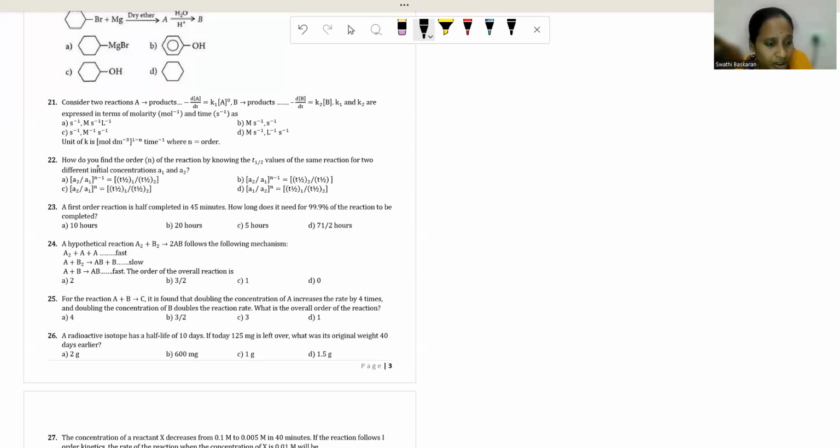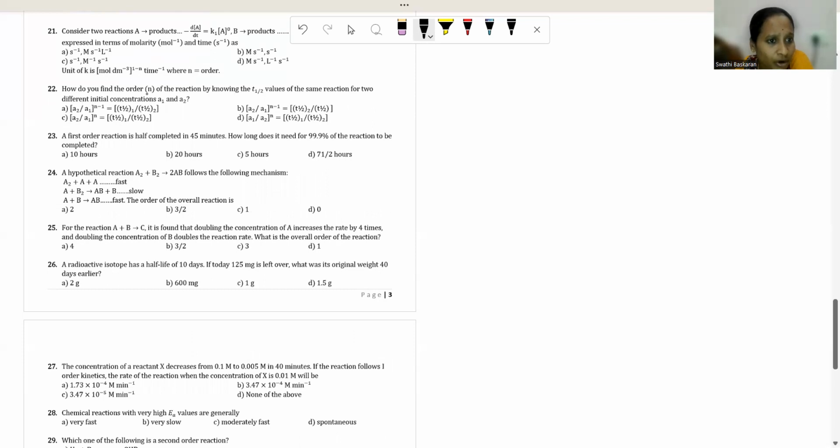Okay, next question. How do you find the order n of the reaction by knowing the t half values of the same reaction for two different initial concentrations A1 and A2?